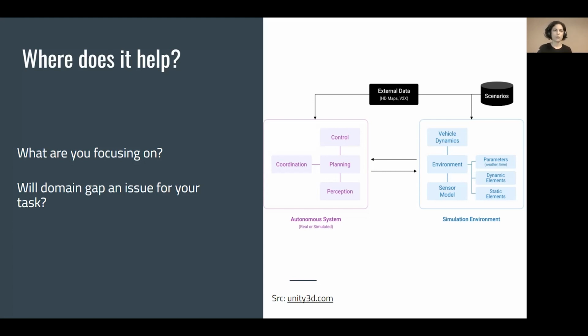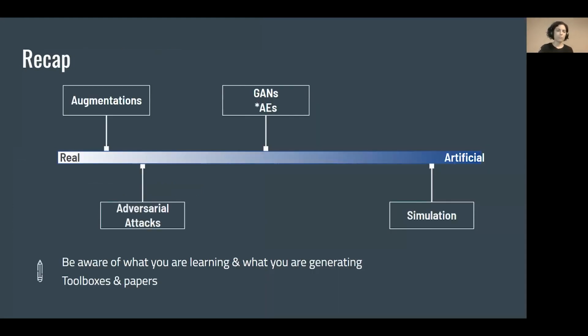Okay, so just a quick recap. We've seen a few techniques that can help you either multiply the real data that you do have or generate completely new data with different degrees of realism.